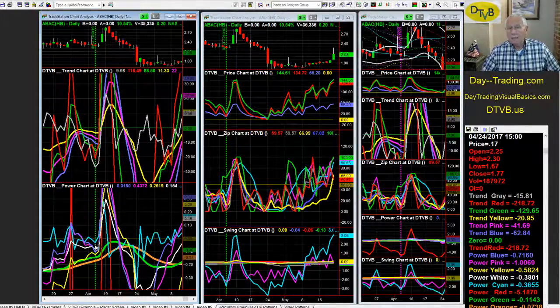But normally, when we get a good gap up, the power Zion is under the orange, not above the orange. Now, it works with above the orange as well. It's not a situation that I would avoid buying, because it's close enough where it appears to be a gap up based on the power chart itself.